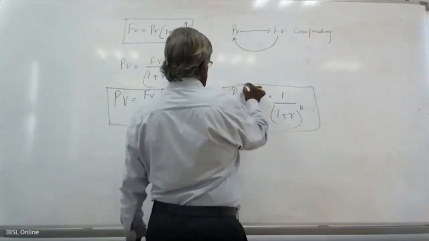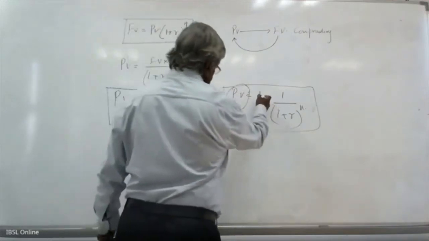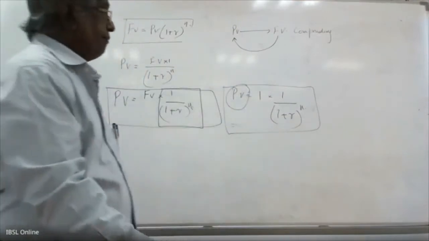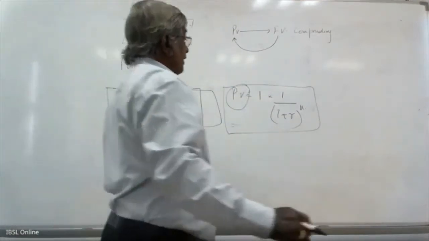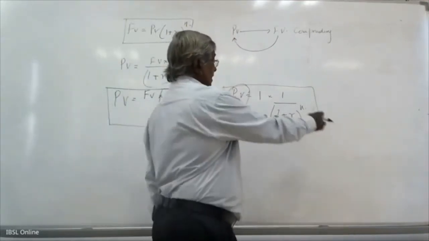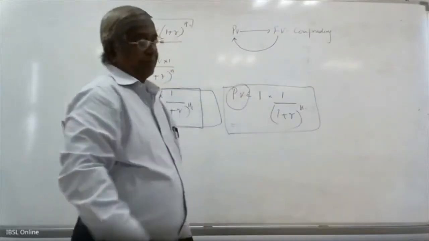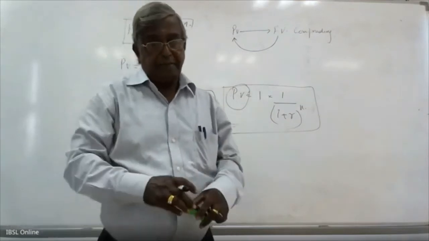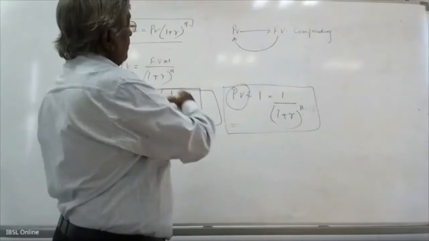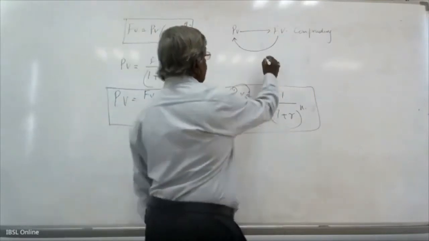Now, what is PV? When the future value is 1 rupee, for different interest rates and different numbers of years, the PV also will change. Converting the future value into present value is a technique and we call it discounting.